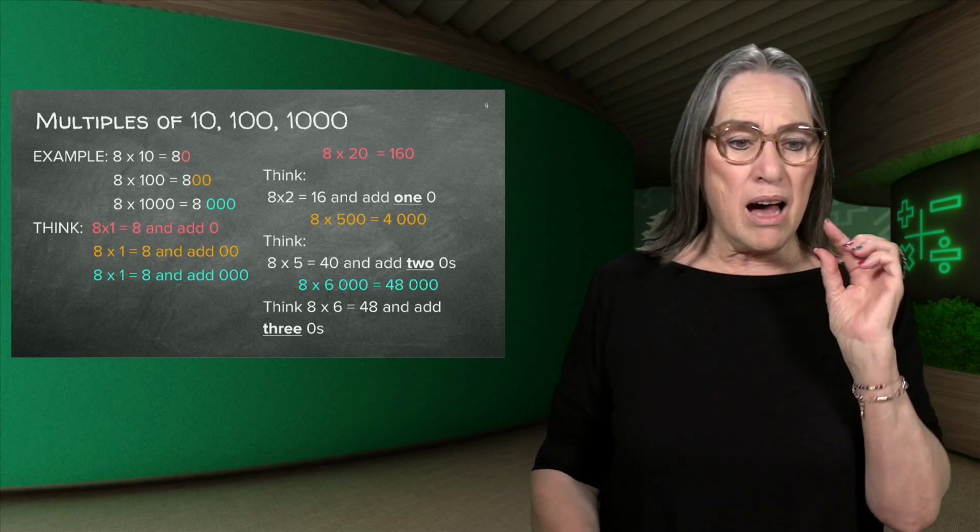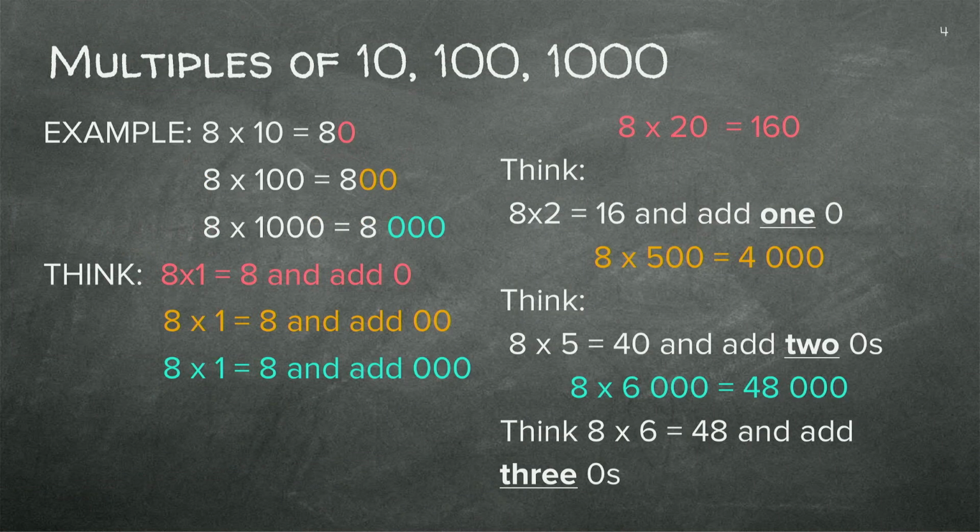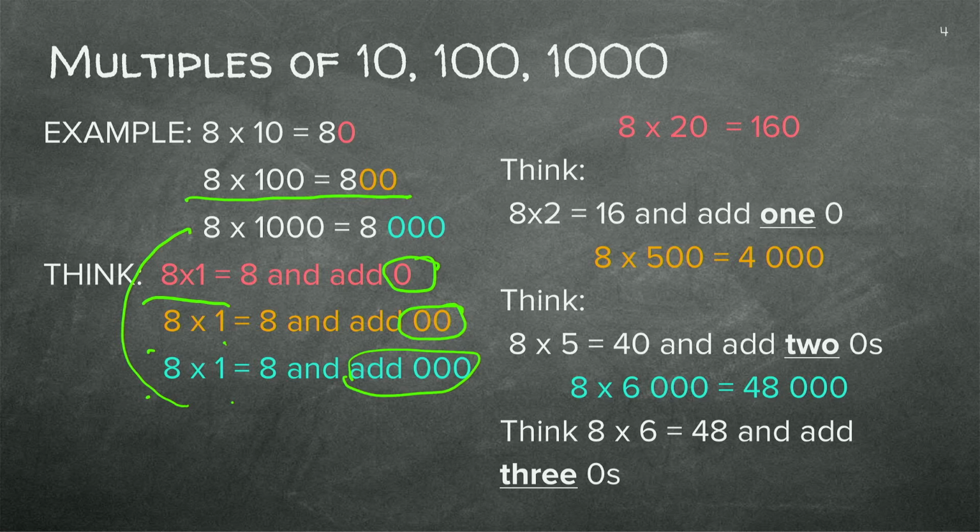You think I'm multiplying 8 times 1, and I just add a 0. If I multiply 8 times 100, it is 800, but you think it is 8 times 1, and I'm just going to add 2 zeros. And similarly, if you do 8 times 1,000, you go 8 times 1, and you add 3 zeros.